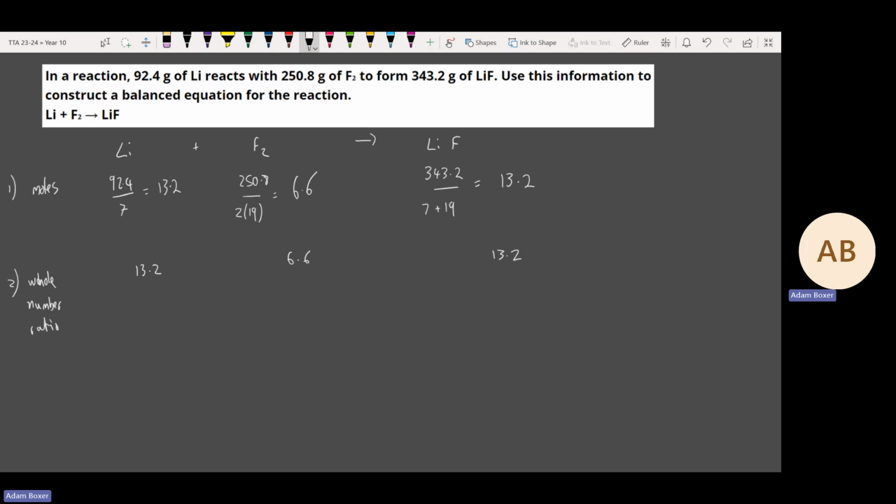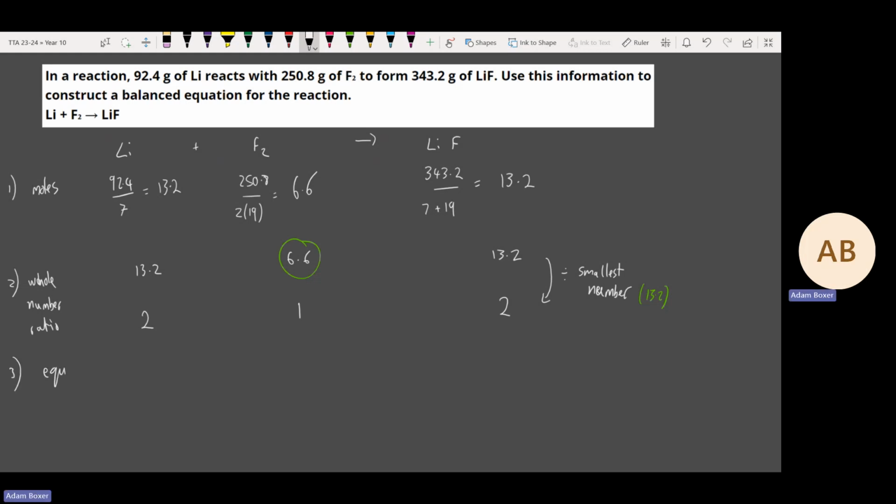It might be obvious to you what the whole number ratio is there, but there's a very simple trick, which is to divide everything by the smallest number. In this case, the smallest number is 6.6, smaller than 13.2. So I'm just going to write that there. And when I divide all of those by 6.6, this becomes 2, this becomes 1, this becomes 2.